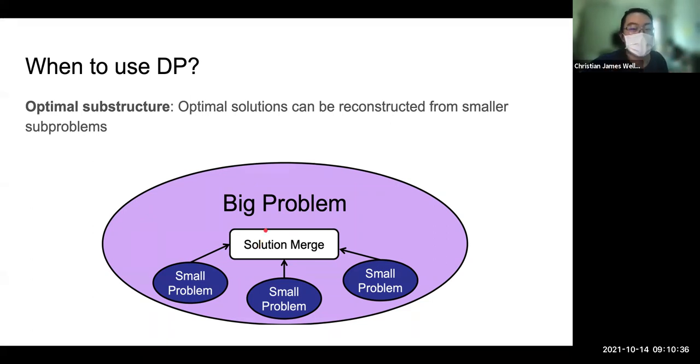If I were to go through it very quickly, cut and paste arguments are in the flavor of: you assume that the smaller subproblem doesn't need to be solved optimally, right? So if you don't need the smaller subproblem to be solved optimally, you claim that you can have an optimal solution to the bigger problem.